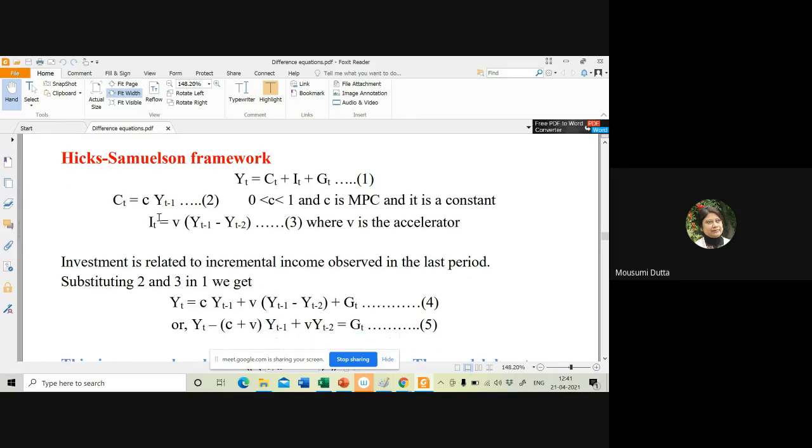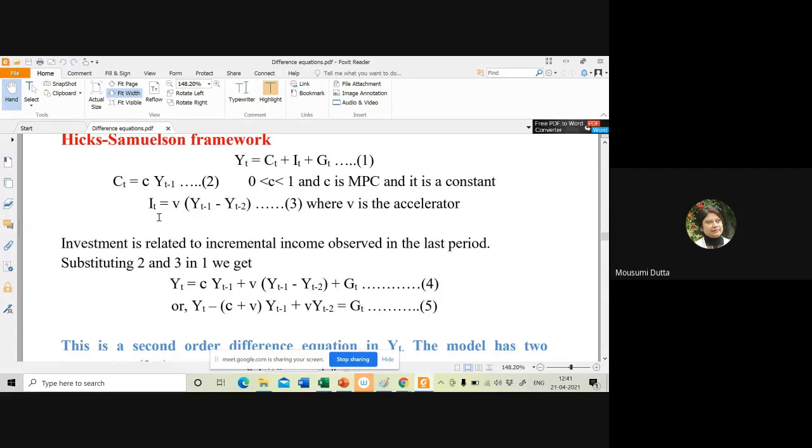Any question regarding these three equations? Substituting 2 and 3 in equation 1, we get Y_t = c Y_{t-1} + v(Y_{t-1} - Y_{t-2}) + G_t, or Y_t - (c+v) Y_{t-1} + v Y_{t-2} = G_t.